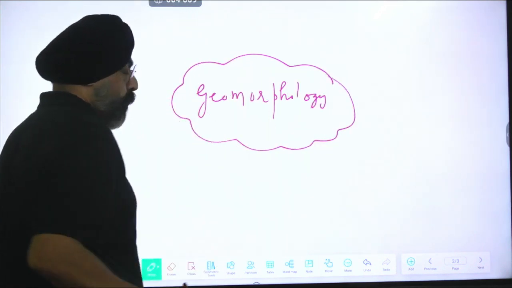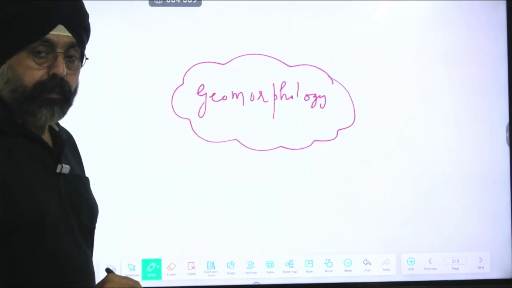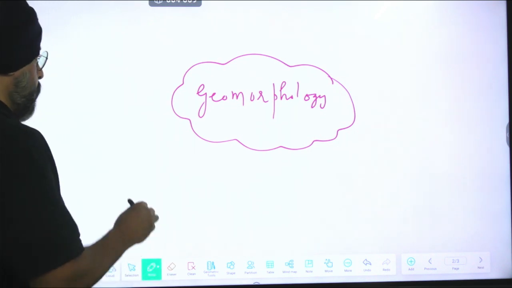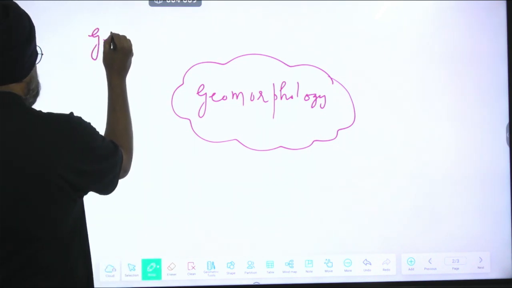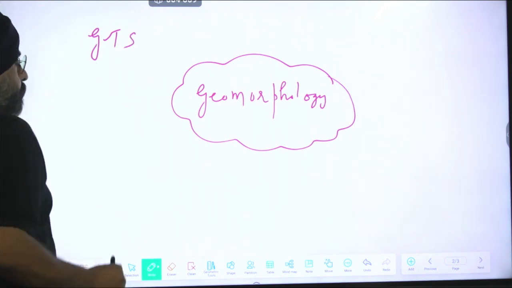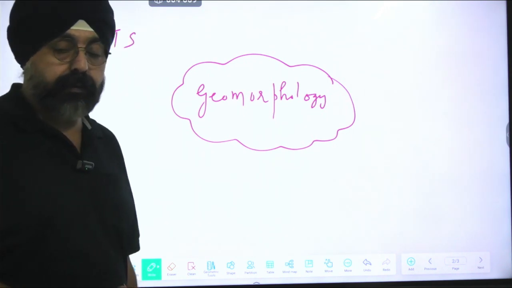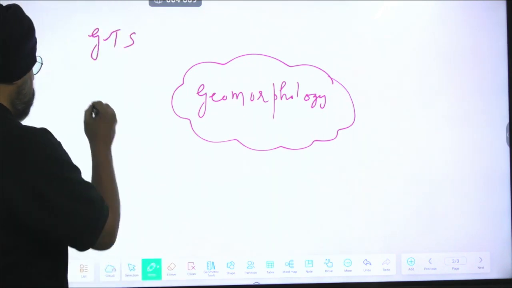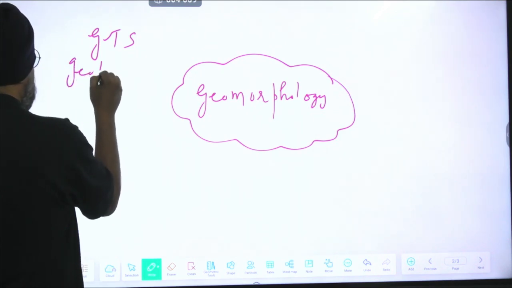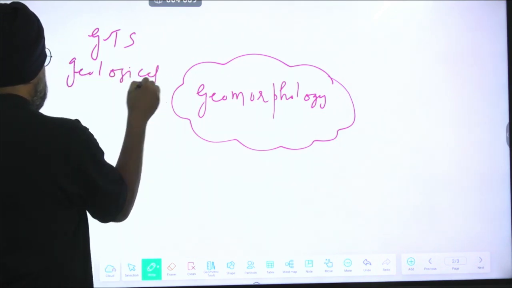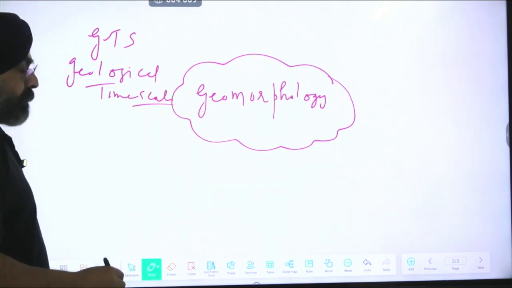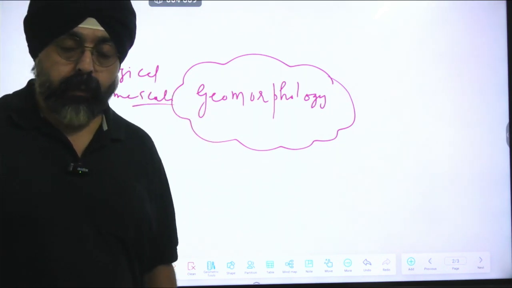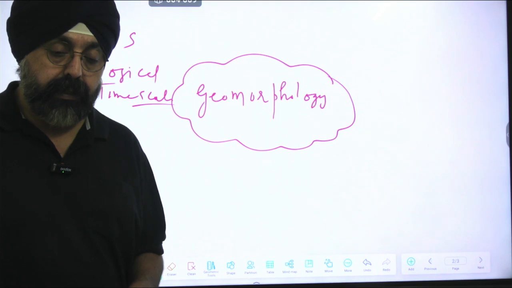So what is the scope of geomorphology? The very first thing, we must understand the geological time scale. What does it mean? How many super eons we are having? Eons we are having.